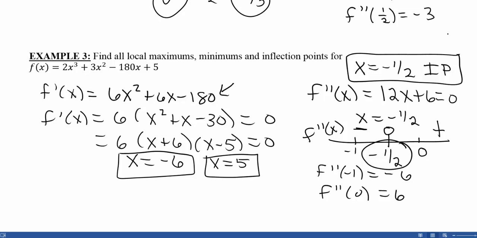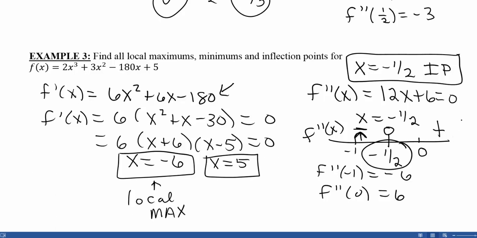So negative 6 is going to fall to the left of negative 1/2. So that means that it's going to be in the portion of the original function which is concave down. Remember, we were negative to the left of negative 1/2. If your function's concave down, that means your critical point is a local maximum.